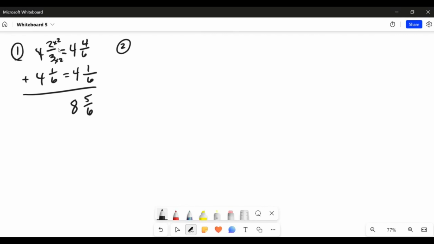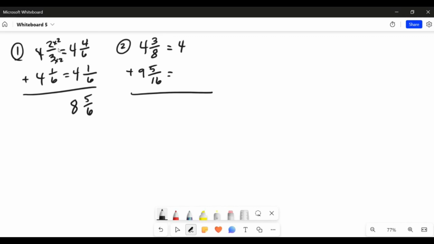We have 4 and 3/8 plus 9 and 5/16. Okay, I cannot add these fractional parts together yet because I do not have a common denominator.